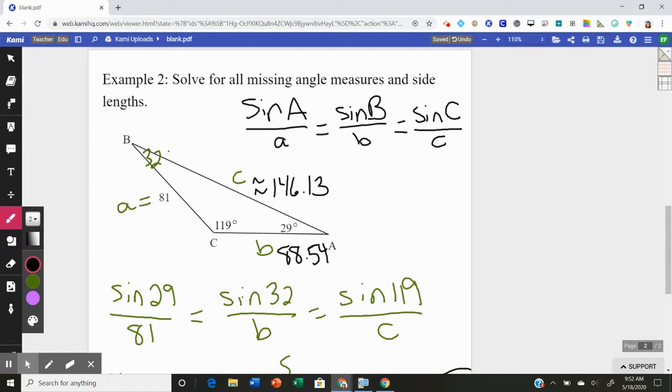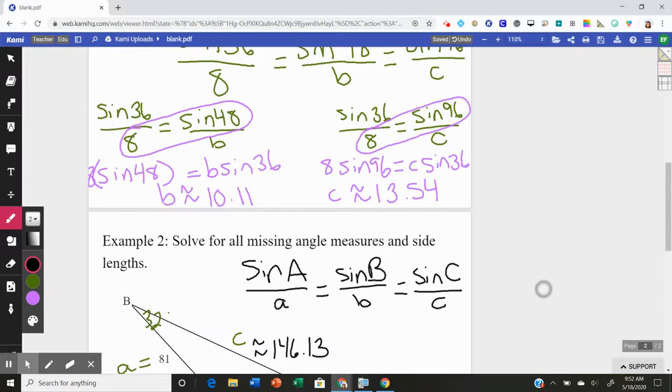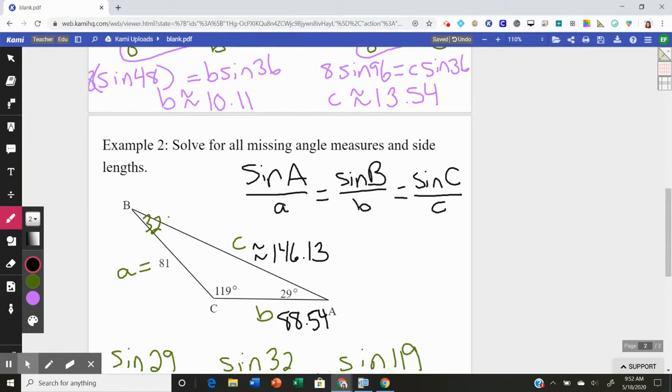Is the smallest side length opposite from the smallest angle? Yes, it is. Is the largest side length opposite from the largest angle? Yes, it is. So that's your check. You know you did it correctly. Congratulations. You just went through two examples of the law of sines. Not that bad, right? It's all about ratios.